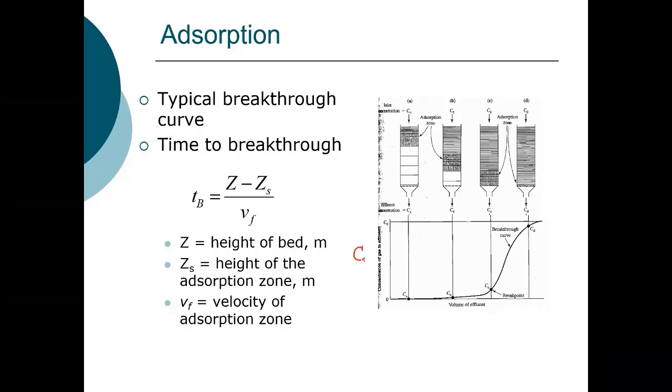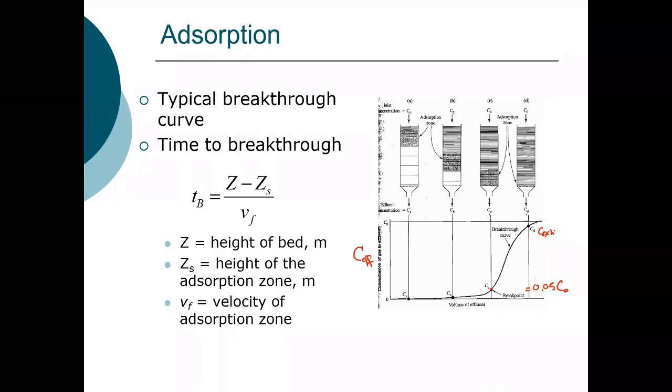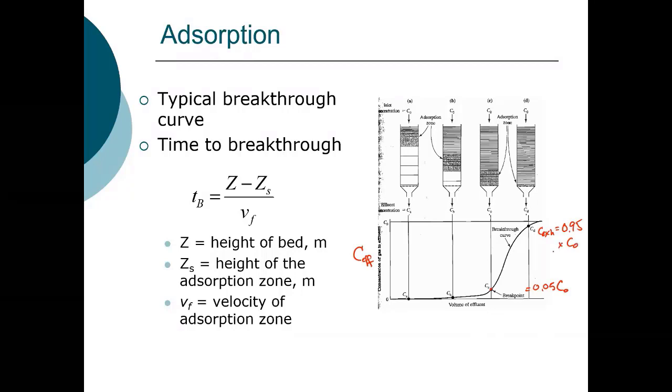So this is C effluent, and it's a function of the volume of the effluent treated. So here's our break point, often used 0.05 C naught, and then C exhaust is typically 0.95 times C naught.